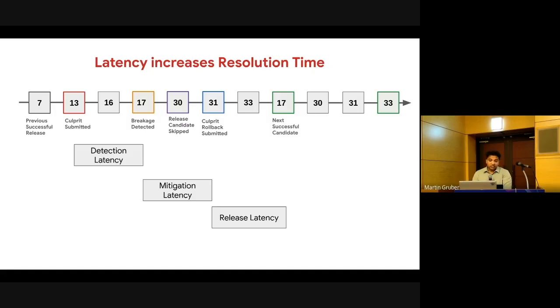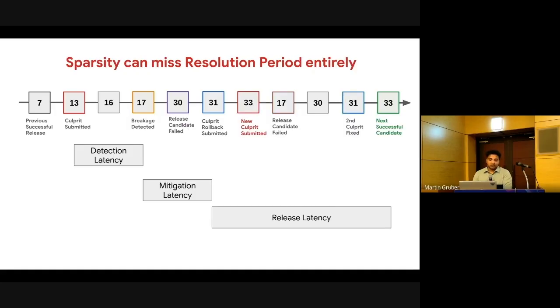And so this is a simple case, but what if we modify it slightly? What if we say, hey, you're a project that gets broken a lot, and immediately after you fix your previous breakage, you're broken again. In this scenario, if your CI signals are not frequent enough, you can end up in a situation where you essentially won't get any releases through because you're never quite aligned at a commit that is green.